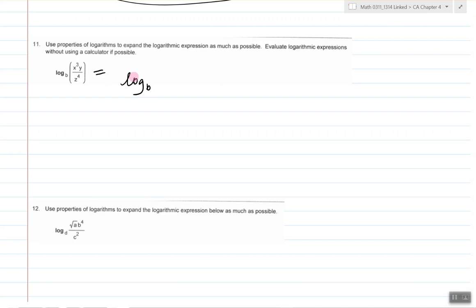So this is log base b of x to the 3rd plus log base b of y. Those are both positive because they're factors in the top, minus, there's the quotient, log base b of z to the 4th. It's not finished because this is not just x, this is not just z.